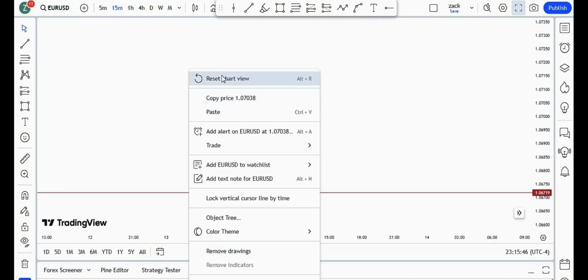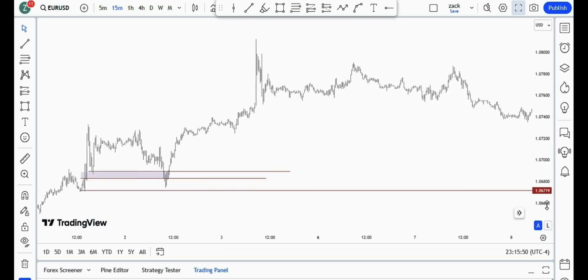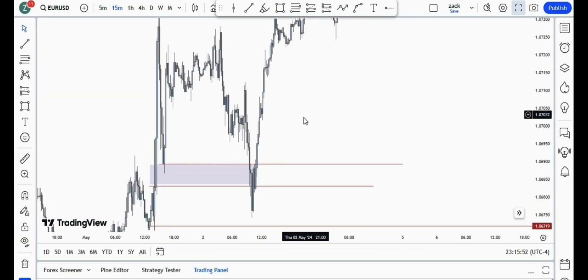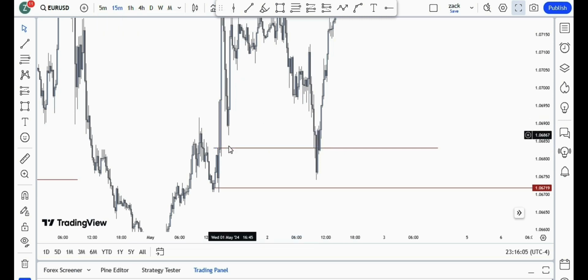That would have been your sniper entry. There's another type of fair value gap, but I'll teach that another time. I have a particular pattern I enter.